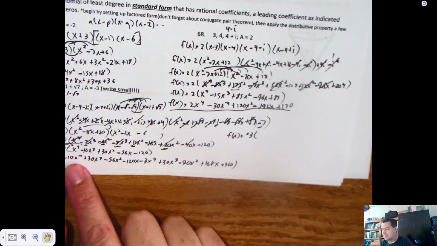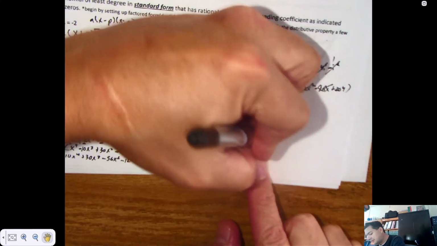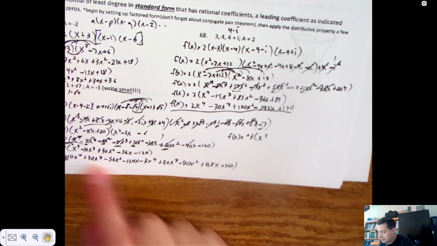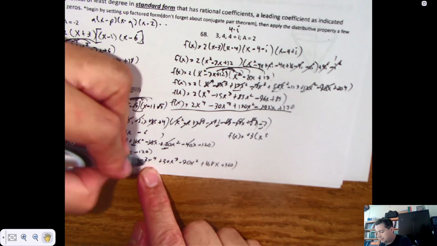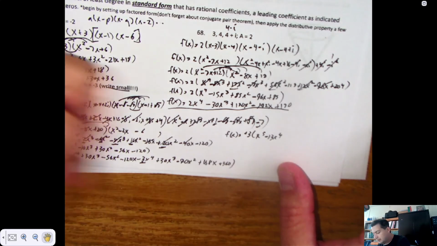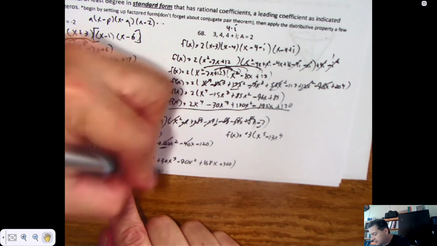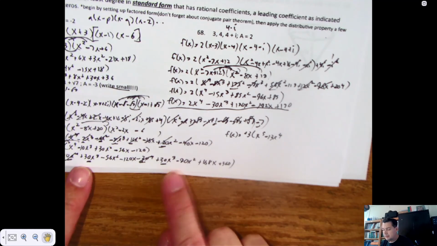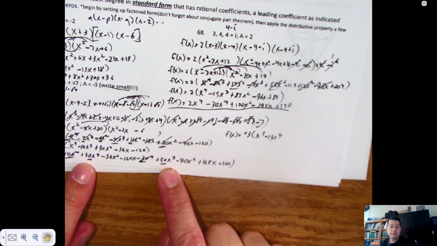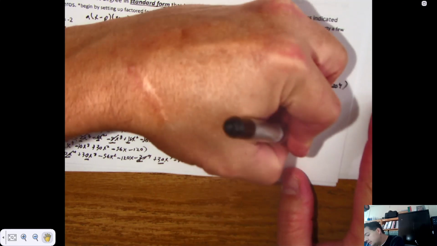All right, so I've got this x to the 5th here. Now I'm worried about my x to the 4th. There's 2 of them, minus 13 of them. Gone, gone. Now I'm looking at my x cubes. There's 2 of them. I have 30 and 30. That's 60. Plus 60x cubed.